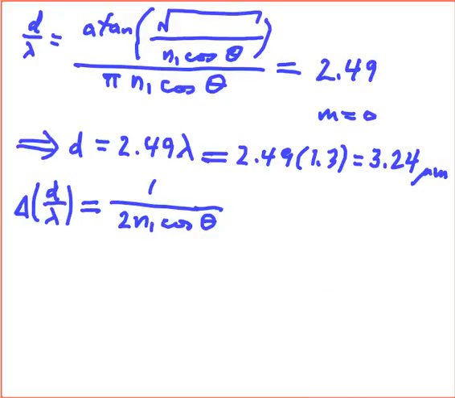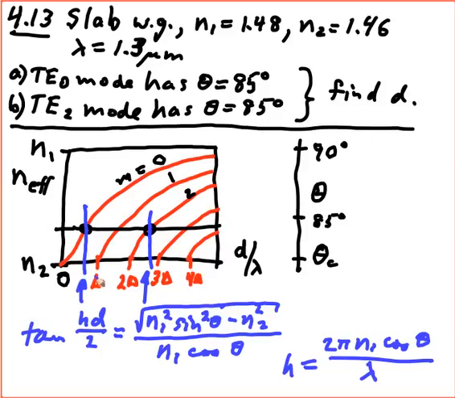That's this value that I tend to call delta on this horizontal axis. So that is the spacing all the way down at theta equals theta critical. But we're interested in the spacing up here where theta is equal to 85 degrees.